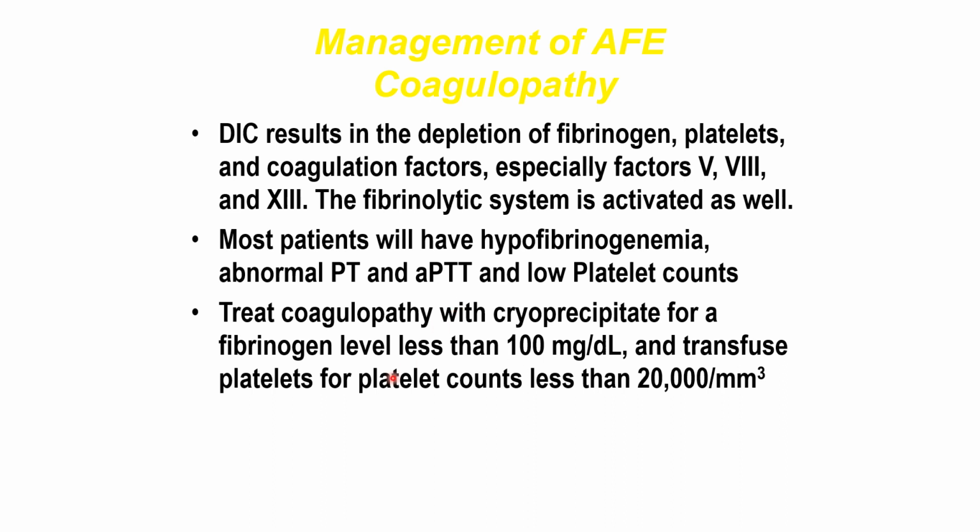For treating this coagulopathy, we can give cryoprecipitate if the fibrinogen level is less than 100 milligram per deciliter. And if the platelet count is less than 20,000 per cubic millimeter, we can start the transfusion of platelets.